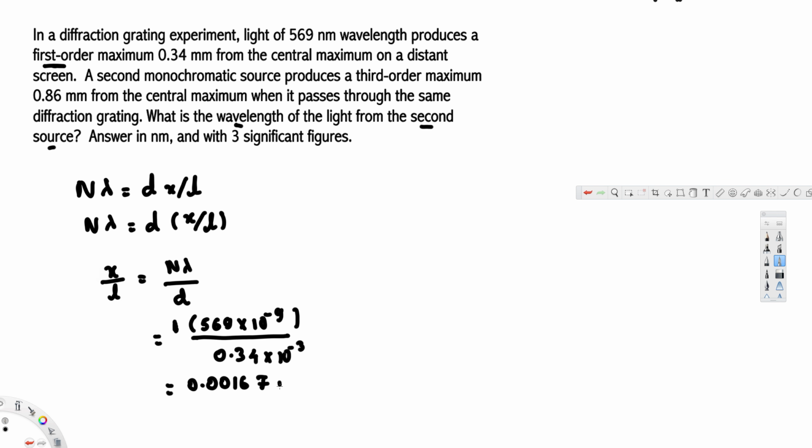So this is our x over L value. Actually, there's no unit for the x over L value.